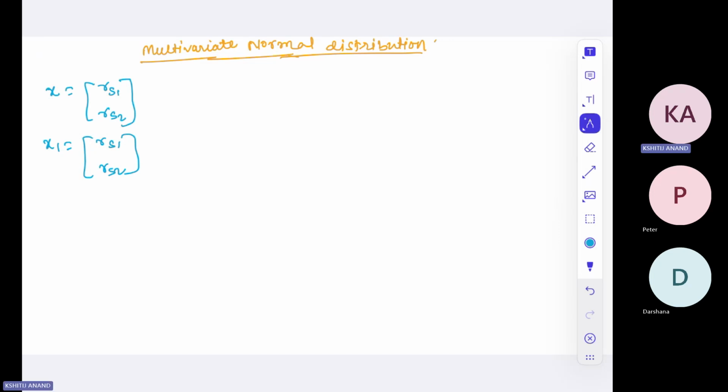This matrix contains the returns of two stocks, stock 1 and stock 2. Then X2 will be the returns on day 2 of the two stocks, X3 the returns on day 3 of the two stocks, and so on. Now if I jointly want to understand the distribution of X.